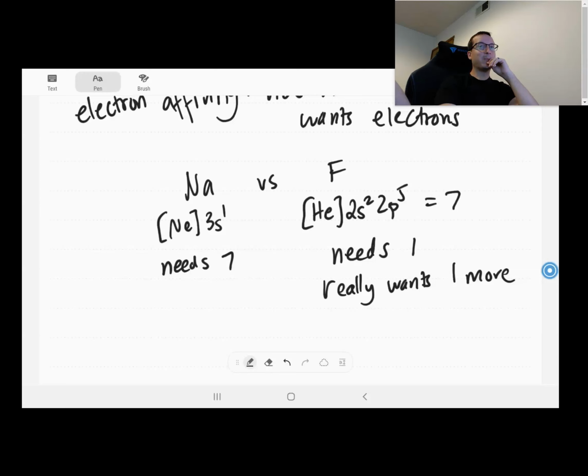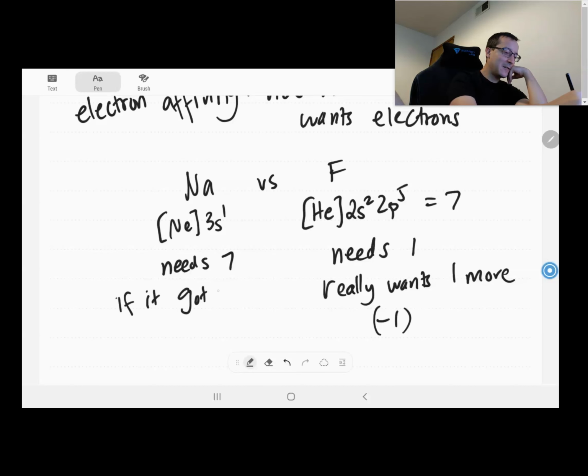We're going to see, Zoe. Hold on to that thought. Yeah, so the charge would be -1. Okay, and if this guy got 7 electrons, it would be -7, right?